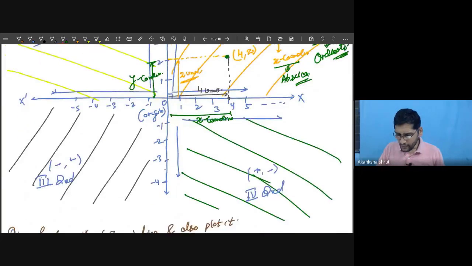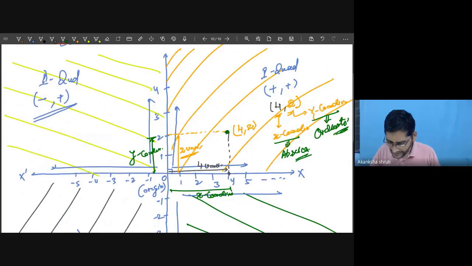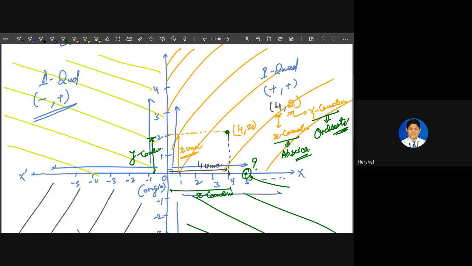And for any point on the x-axis, the value of y is what? 0. Okay? If we want to find the coordinates of this point, what is the coordinate of this point? Yes? X is 9 and y is 0.